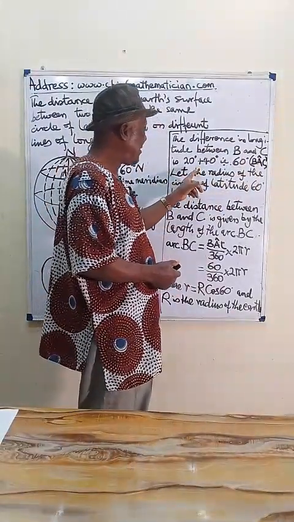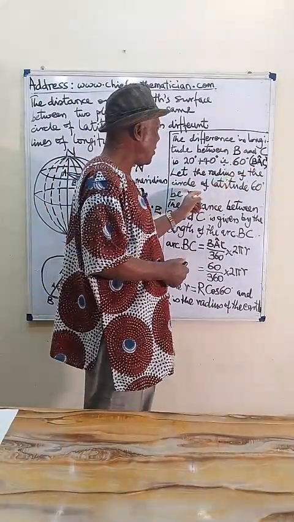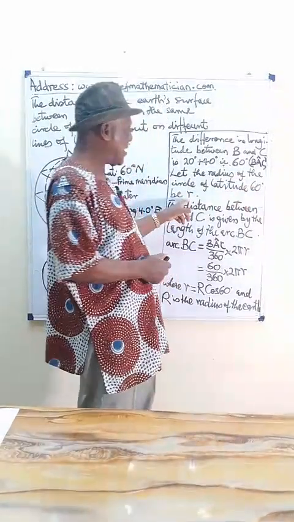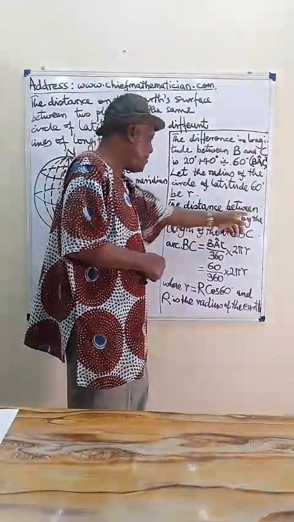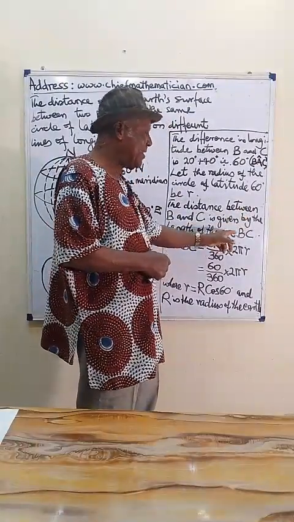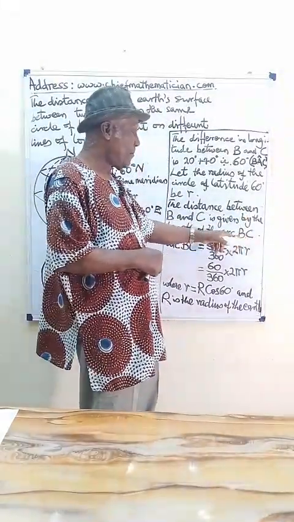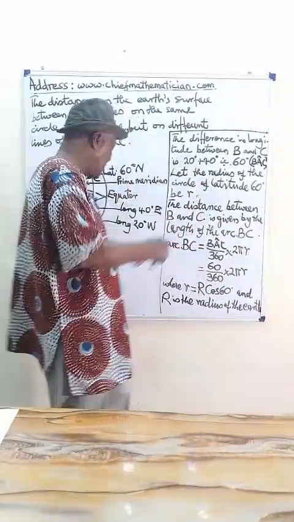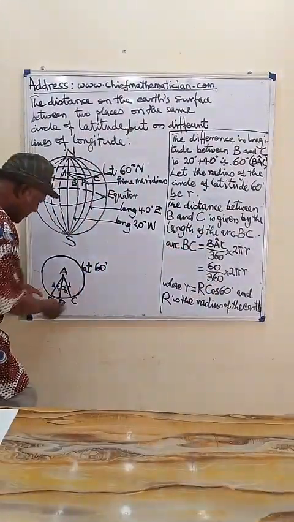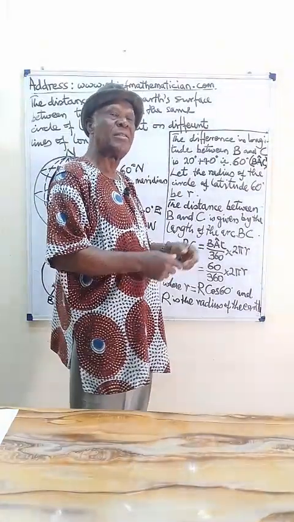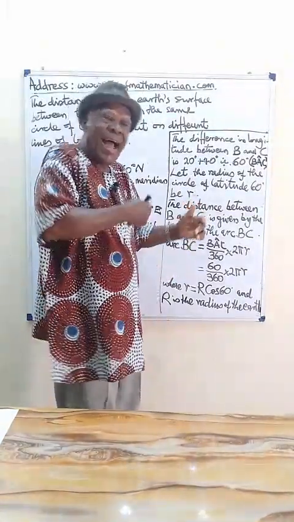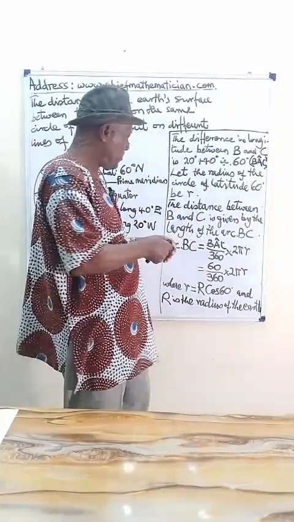Now, let the radius of the circle of latitude 60 degrees be r. The distance between B and C is given by the length of the arc BC, which gives the distance between B and C along that circle of latitude.